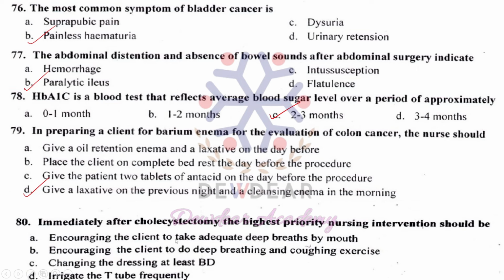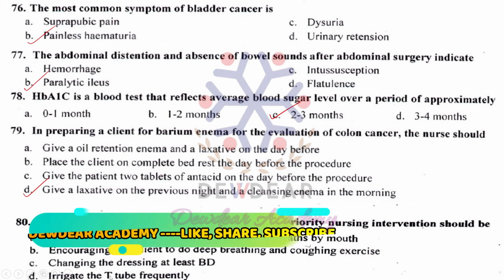Options are: encouraging the client to take adequate deep breaths by mouth, encouraging the client to do deep breathing and coughing exercise, changing the dressing at least BD, irrigate the T-tube frequently.